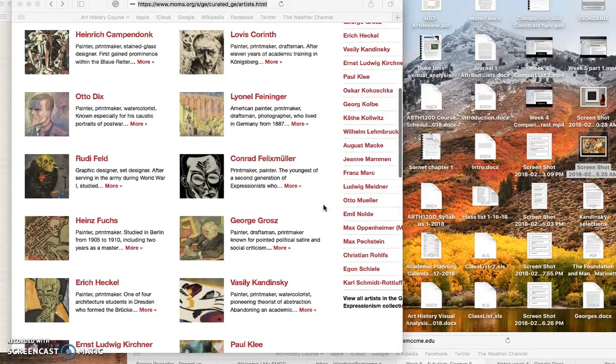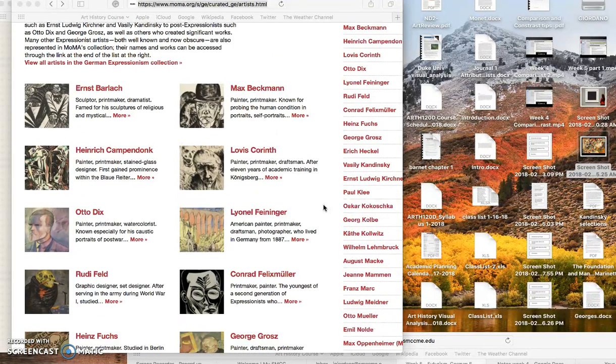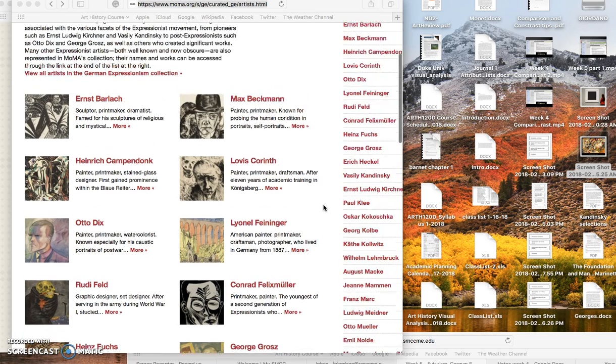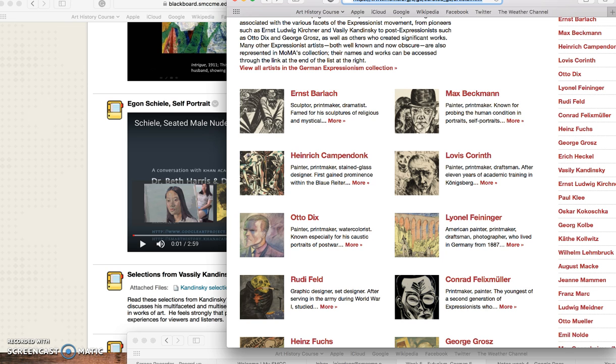And pick an artwork. Make sure you give us a link, or you can post a reproduction of that artwork right in the discussion. That's probably the easiest thing to keep people directly in the discussion the whole time without having to click out. And give us a sophisticated visual analysis of one of these works.